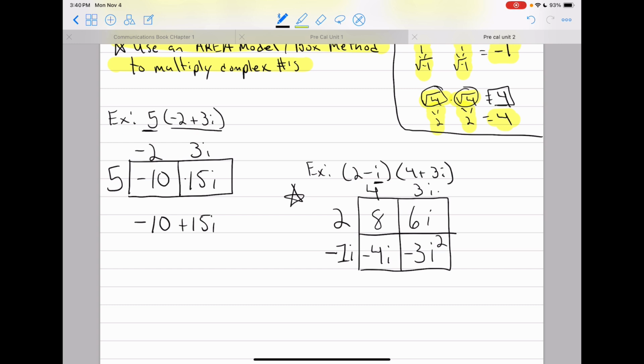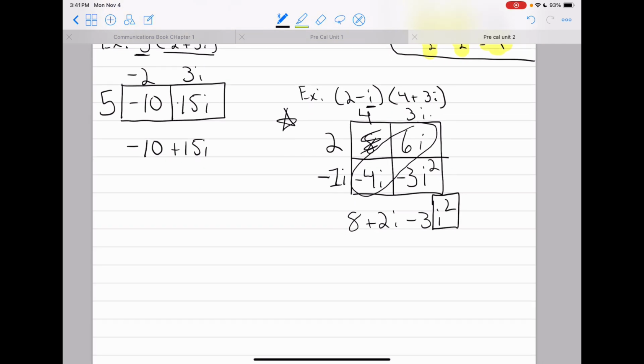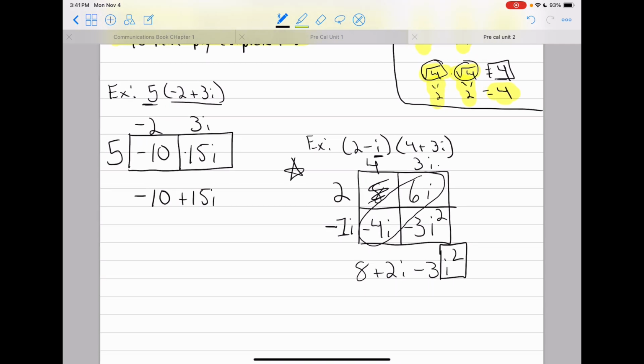So let's see. I have 8. I have some like terms: 6i minus 4i, so I have plus 2i. And then I have minus 3i squared. Here's the key. We know what i squared equals. What does i squared equal? Negative 1.